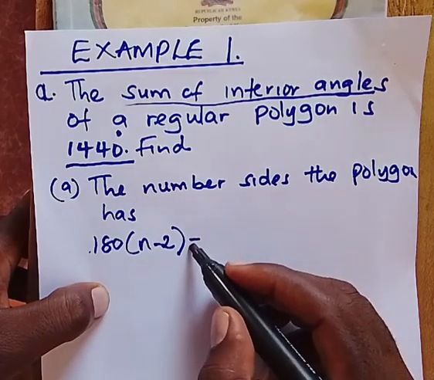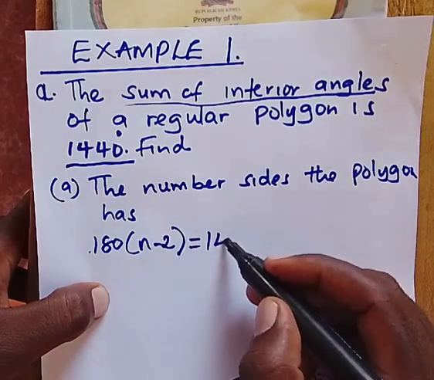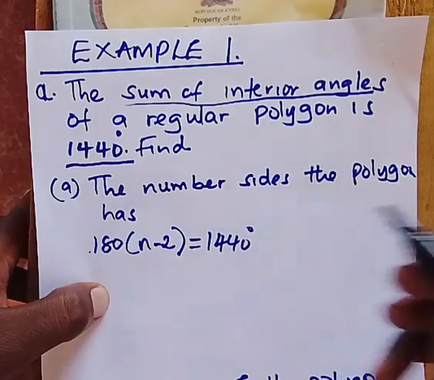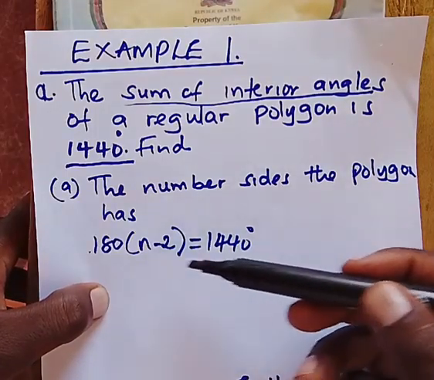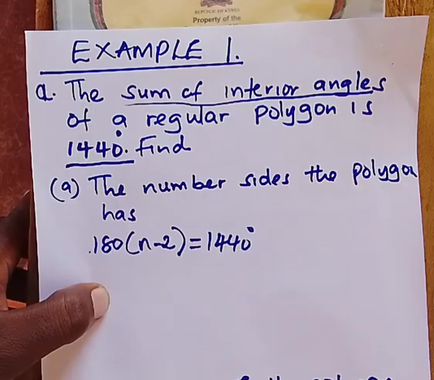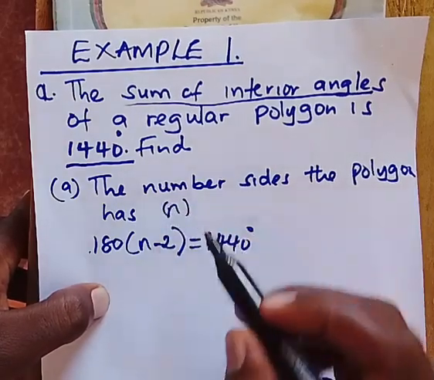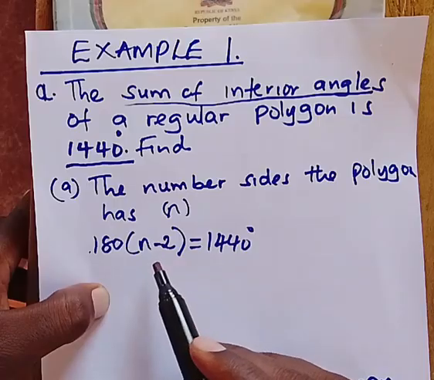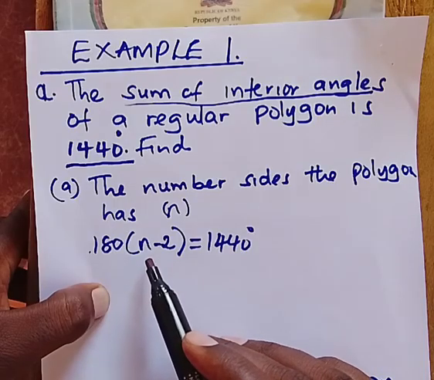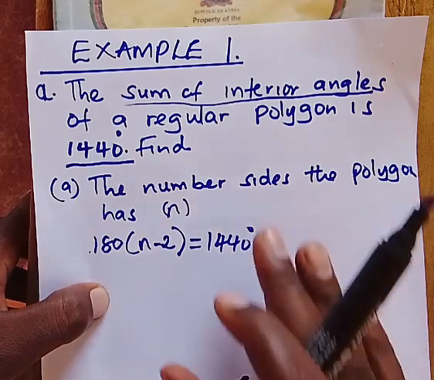And if you apply that formula, you should get 1440 degrees. So you equate the formula to the sum of the interior angles. Now, the number of sides is always represented by n. So when we equate this, we are going to try to find the value of n.